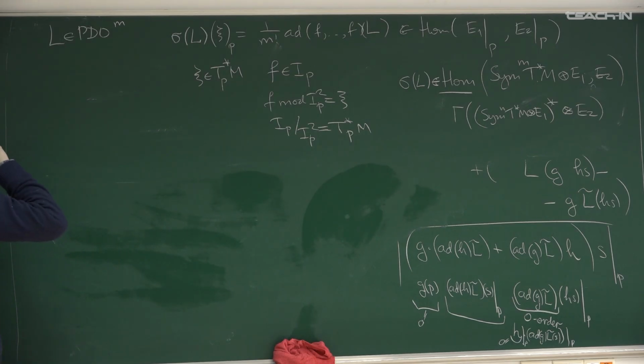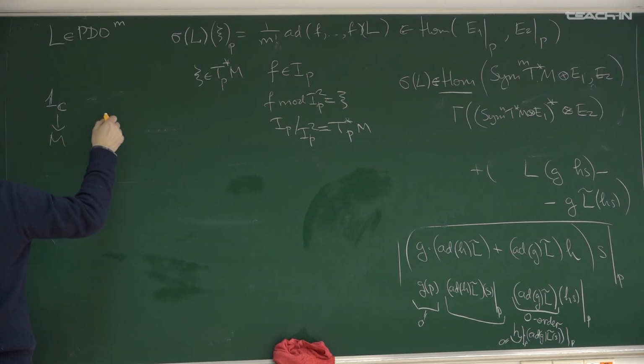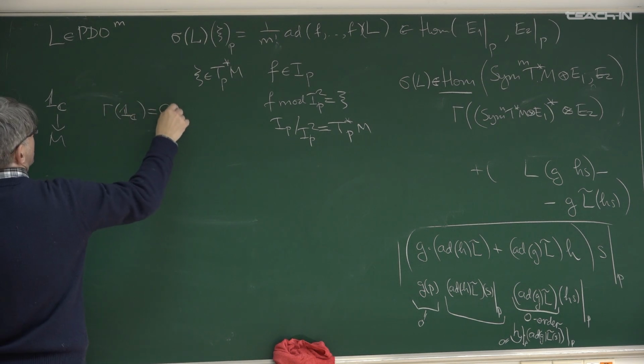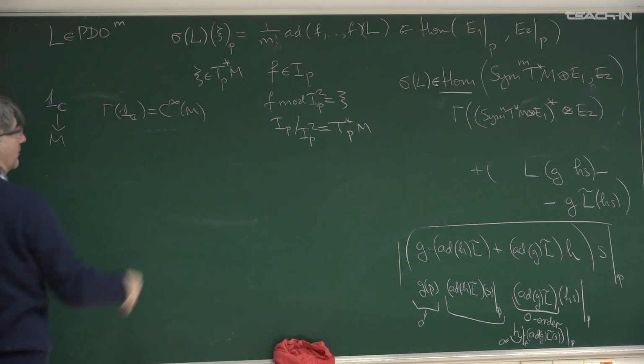Let us consider something very, very simple, namely a trivial one-dimensional vector bundle over M, and the differential operator L. So the sections of this, as we know, are just smooth functions on M, nothing more.